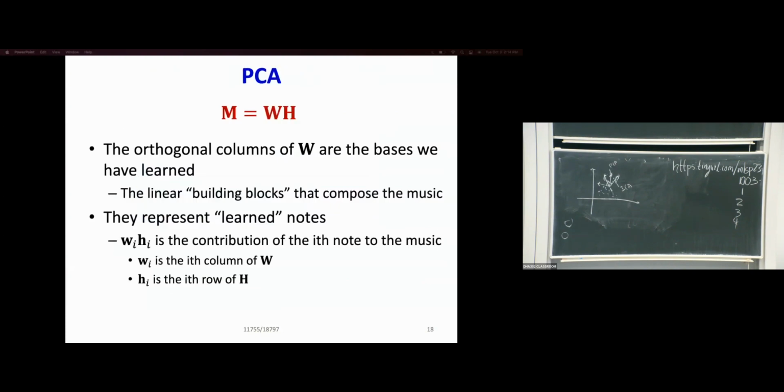And this is something good to know. Think of W as columns and H as rows, because a row of H is like the single music. This will be useful later on.